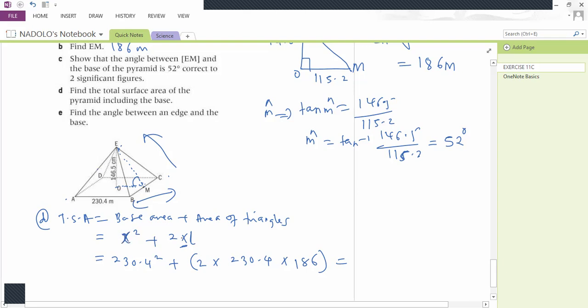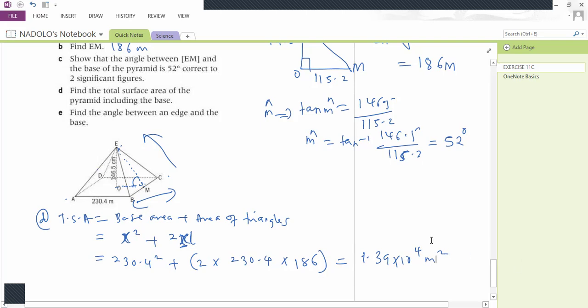So let me use x as that and then × as that, so that it is differentiated from multiplication. Insert this in the calculator and you're going to get your answer, 138,792.96, which is similar to 1.39 times 10 raised to 4 square meters. So that's for the surface area.